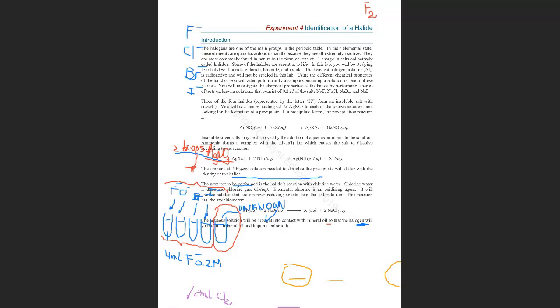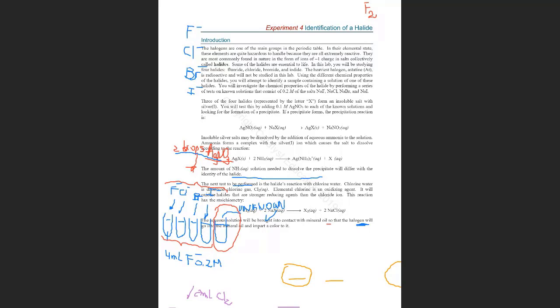But once you form the halogen, it is nonpolar, so it's going to be dissolved in the mineral oil. It's not going to stay in the aqueous phase. In the aqueous phase, because it's polar, the salt is going to stay there, but not the halogens.